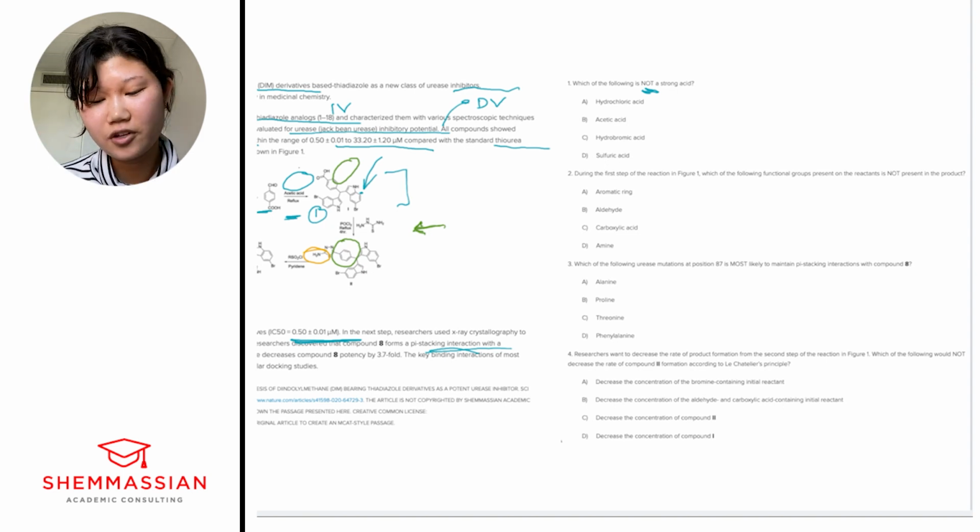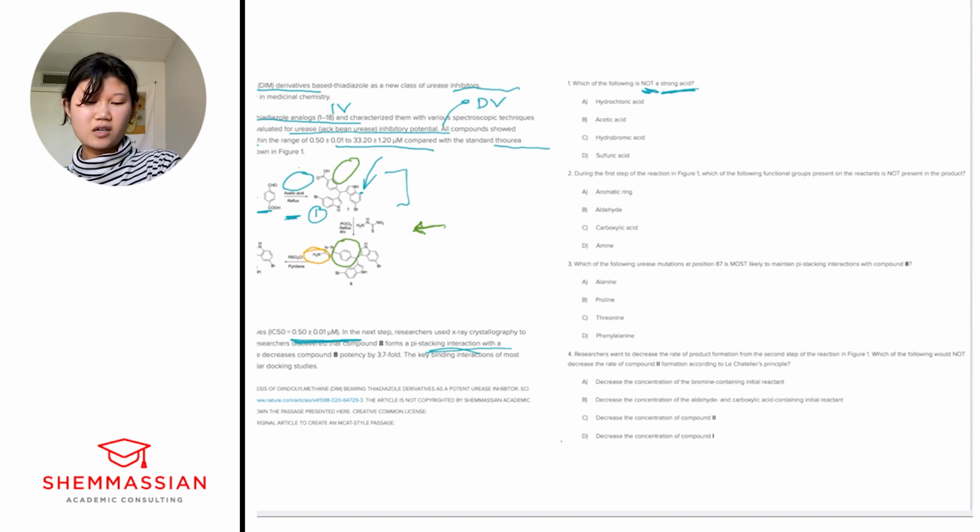And then the other thing is we're looking for something that is not a strong acid. So can we find this in the passage, or is this a knowledge question? There isn't really anything in the passage that hints towards information that helps us know whether or not something is a strong acid or not. And so this is something that we should know.